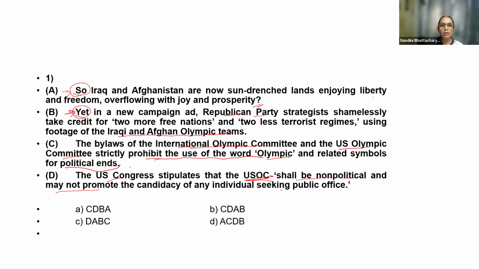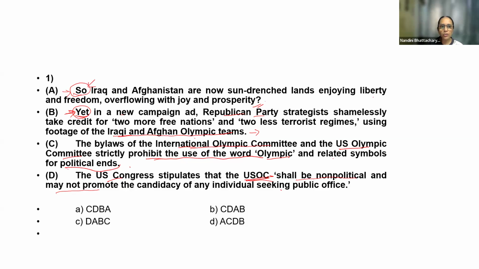And yet, the Iraqi and Afghan Olympic teams' footage has been used for political gains. Yeah. And then we have a statement that sums up more or less the situation. So now, can you get to the order?